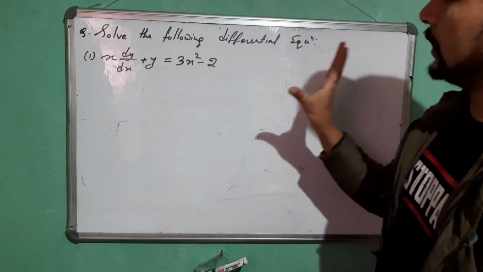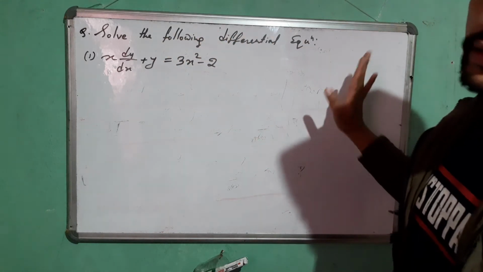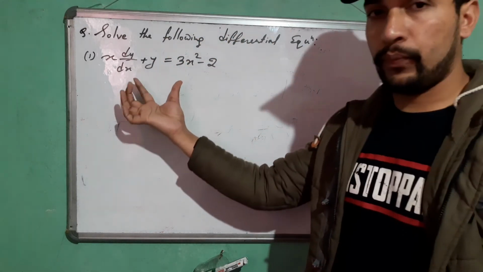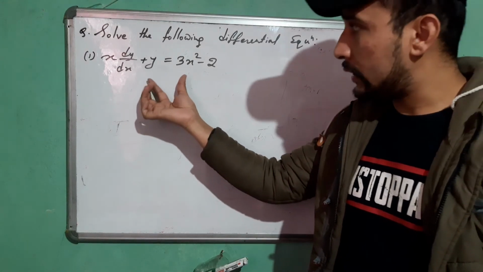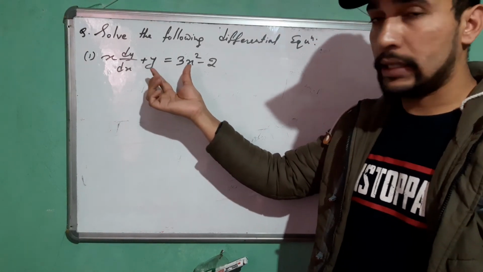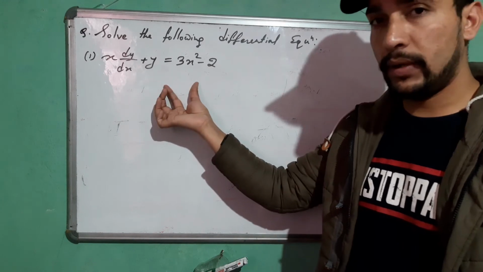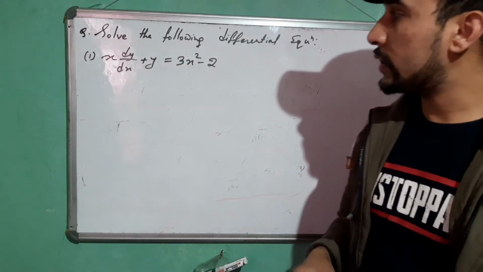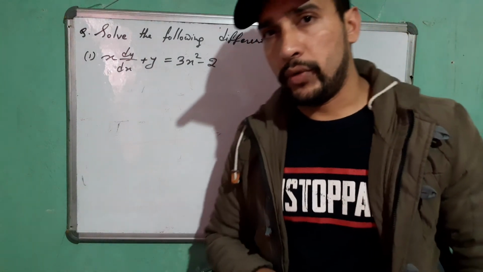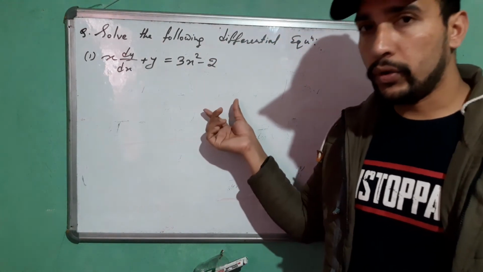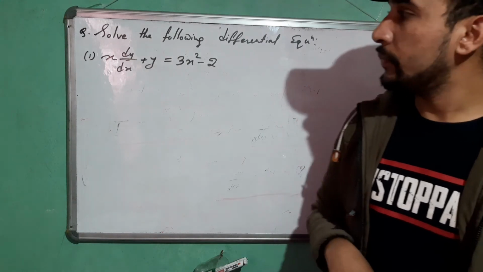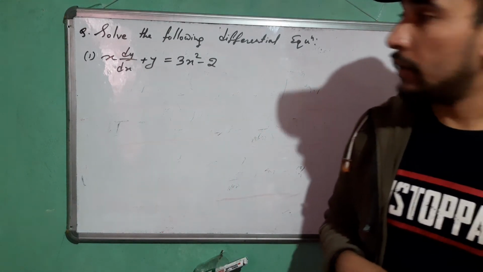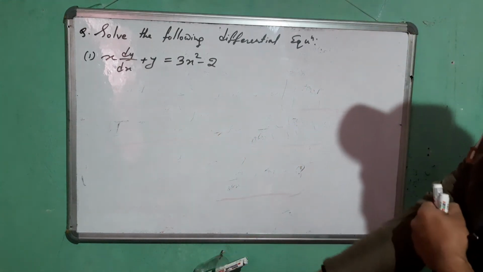Simply the question will be to solve the following differential equation, and you have to identify to which category this differential equation belongs, whether separable variable, reducible to variable separable, homogeneous, or linear differential equation. That you have to identify on your own, and then use the concept of the various types, of the 4 categories.